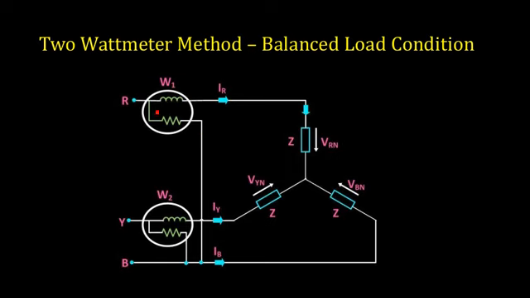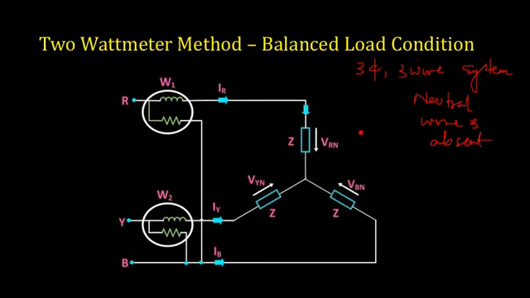So this particular 2 wattmeter method is applicable for balanced as well as unbalanced load for a three-phase 3-wire system. So here you have a three-phase 3-wire system. Your neutral wire is absent.